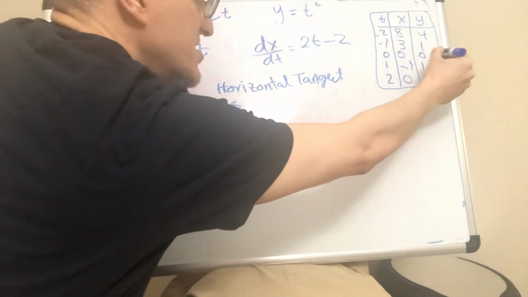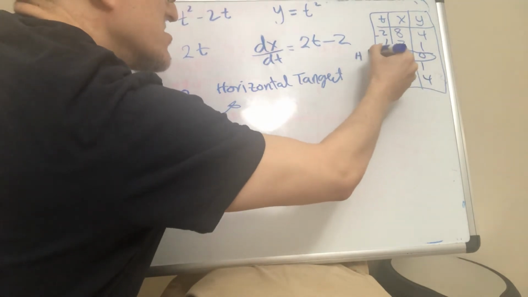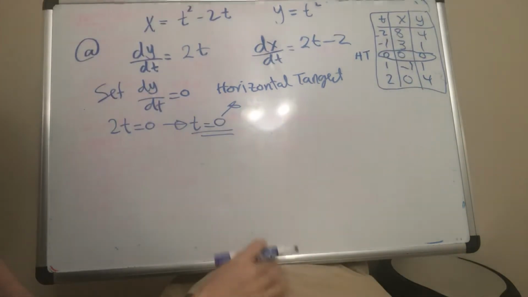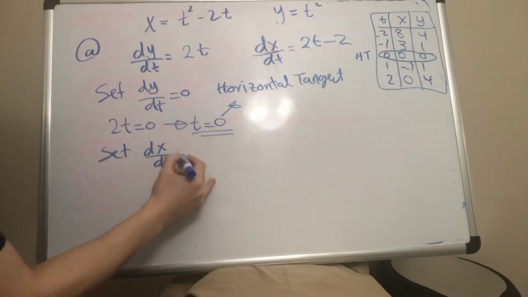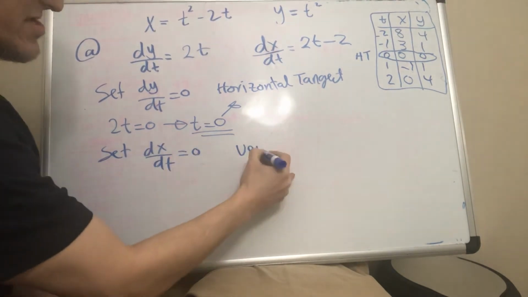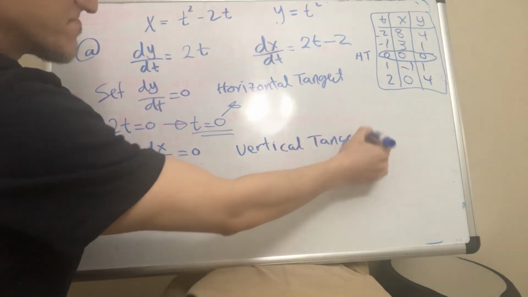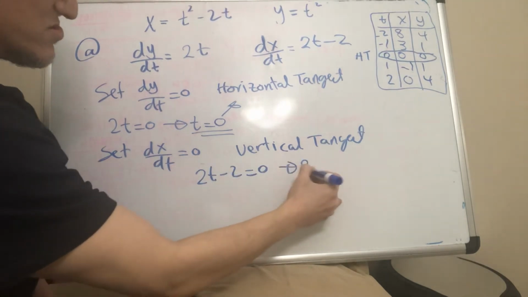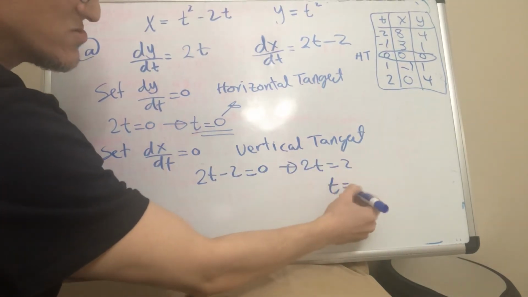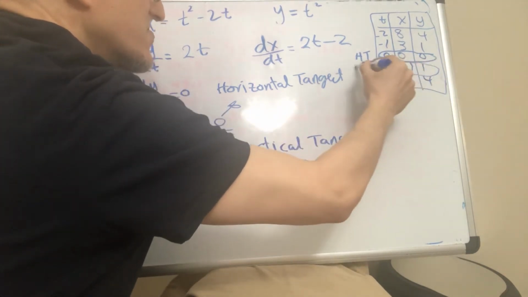So this point here, 0, 0, that's a horizontal tangent. And if you set dx over dt to 0, you get a vertical tangent. So 2t minus 2 equals 0, 2t equals 2, t is 1. So this point here is a vertical tangent.